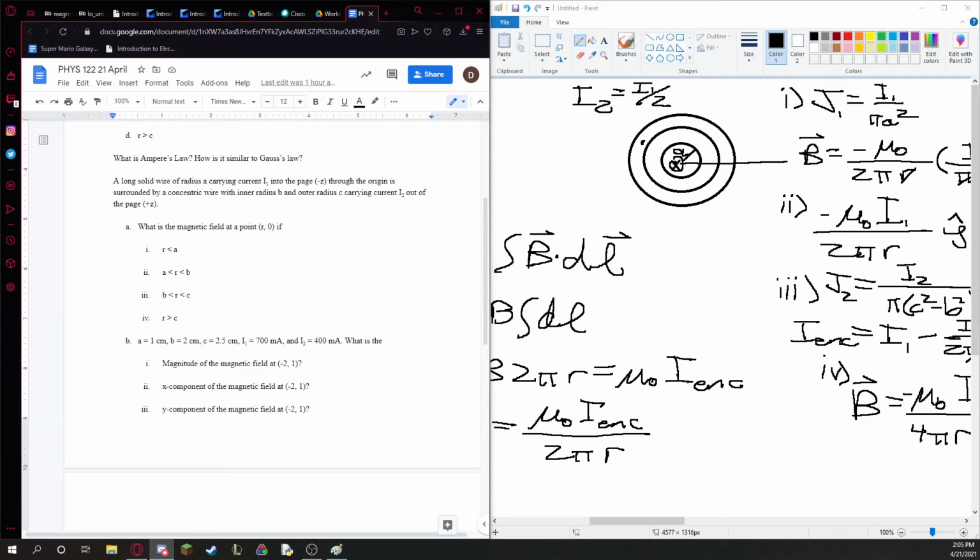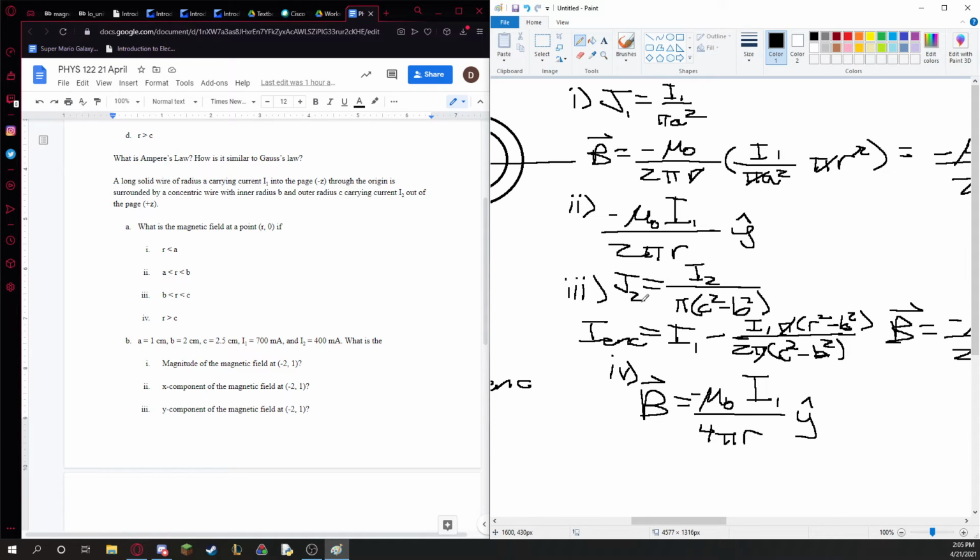All right, how do we get the magnitude of our magnetic field at -2, 1? It would be the exact same process as for r between B and C. We just plug in our numbers, where instead of I2 being I1 over 2, it's slightly more than half.